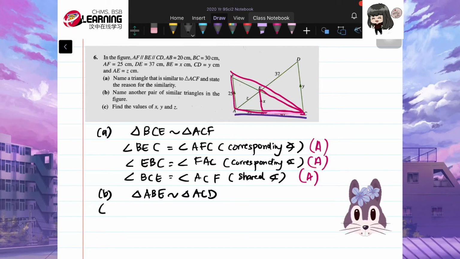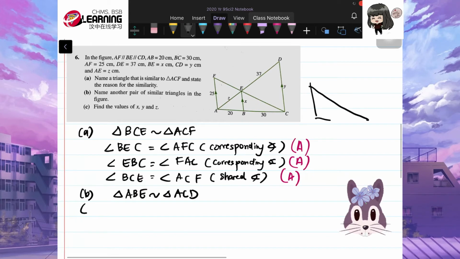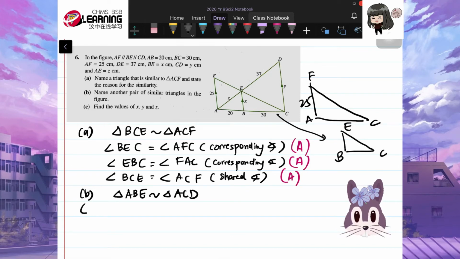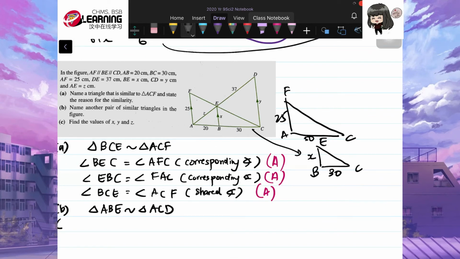You can compare the small triangle CEB and the big one FAC. This is 25 and AC is 50, 30 plus 20. BC is already given, which is 30, and this is x.